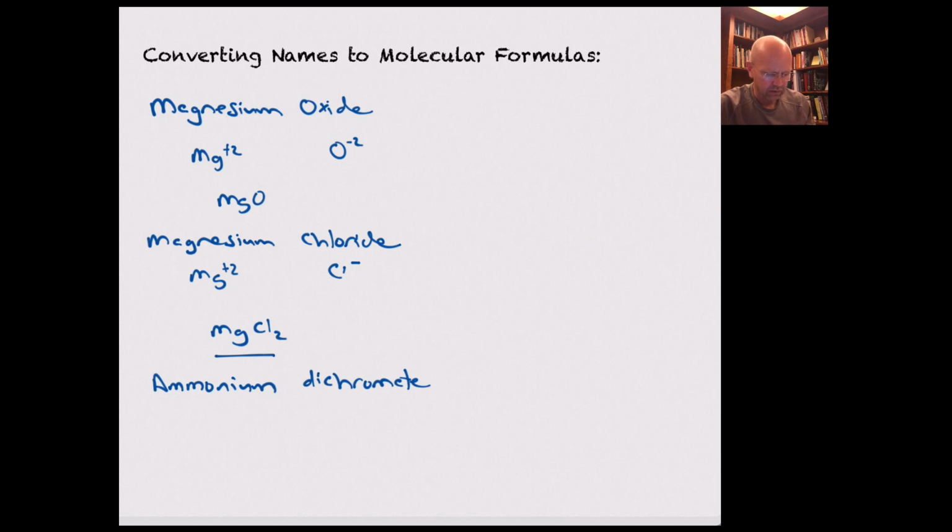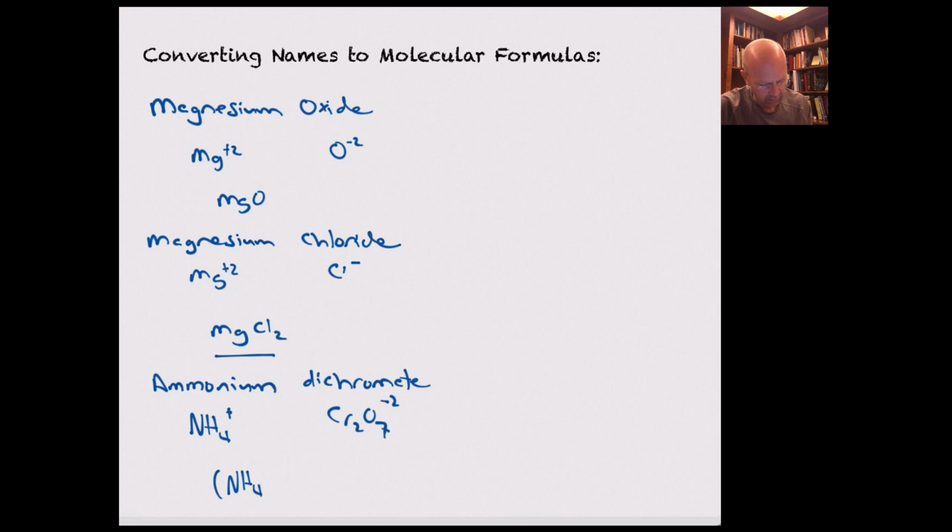Let's do one more that's slightly more complicated. Ammonium is the one polyatomic cation, and it's NH4 plus, right? And dichromate is Cr2O7 -2. So this is ammonium dichromate. And so we know that when this comes together in a compound, since the anion has a -2 charge, we're going to need to have 2 of the ammonium ions.